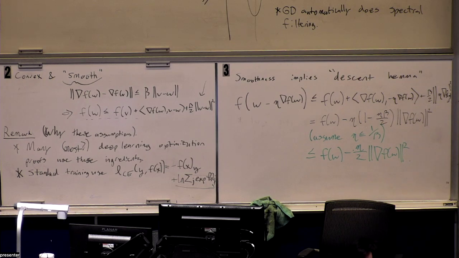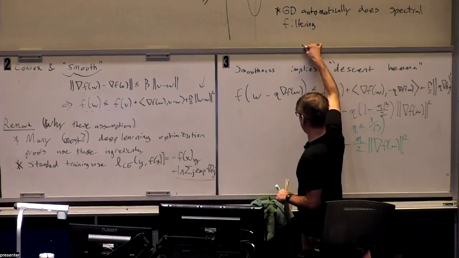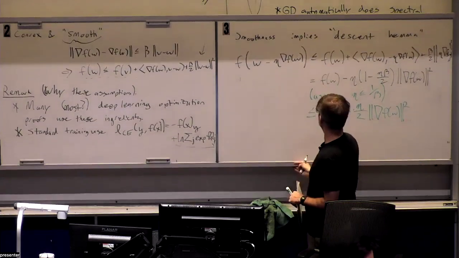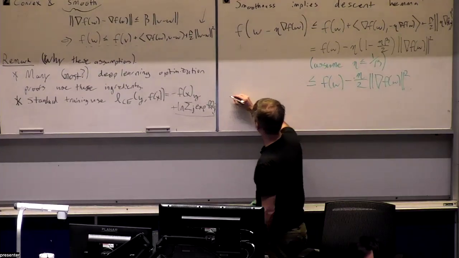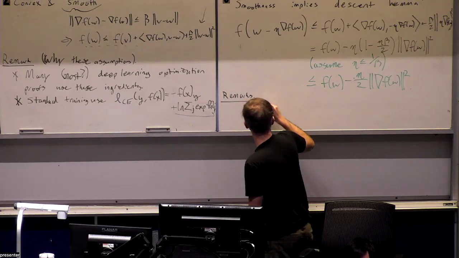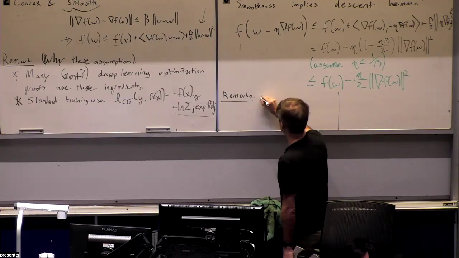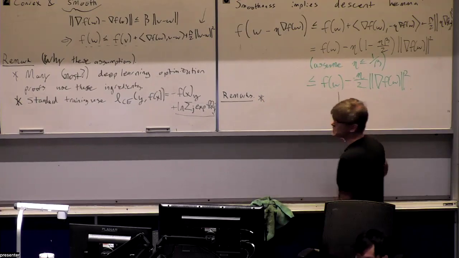Okay. I want to make a few remarks about this. First, the descent lemma is false for stochastic gradients.